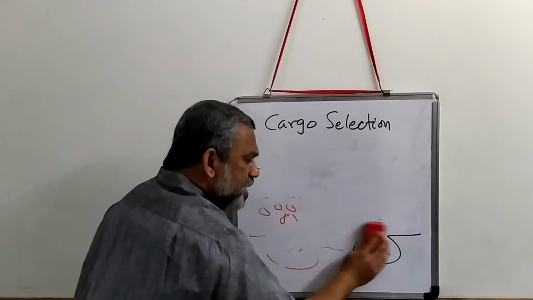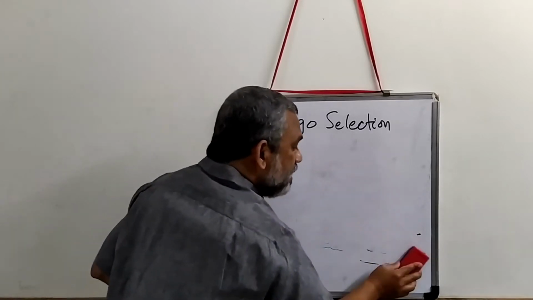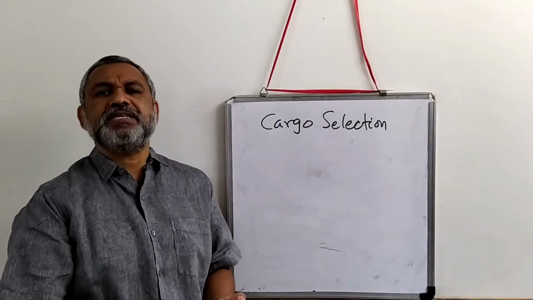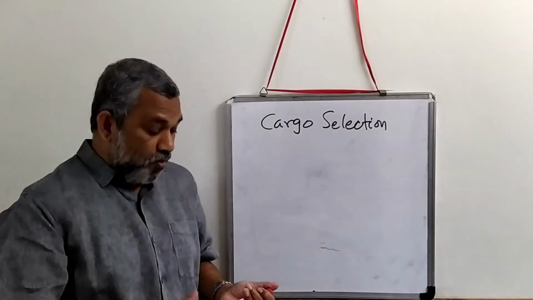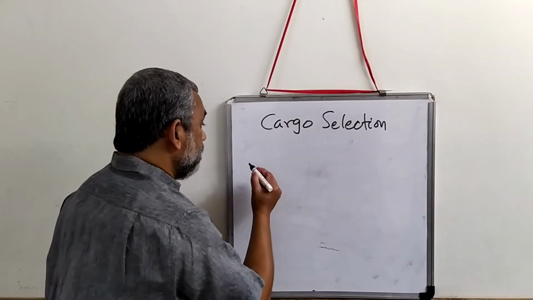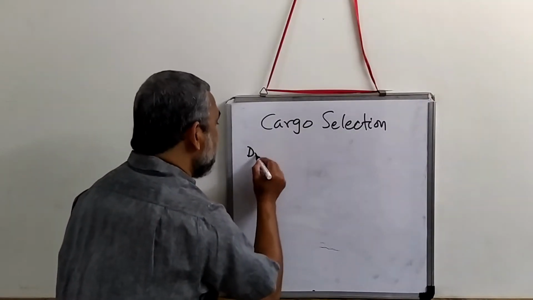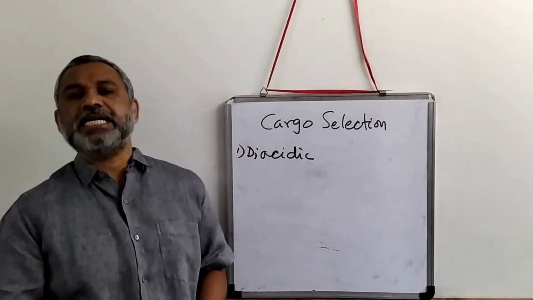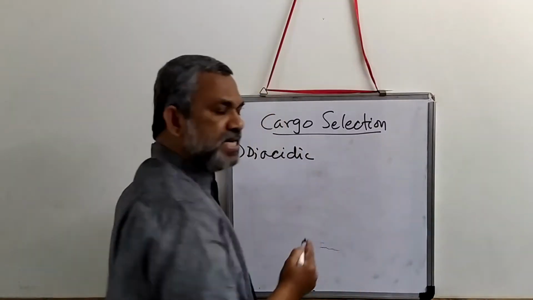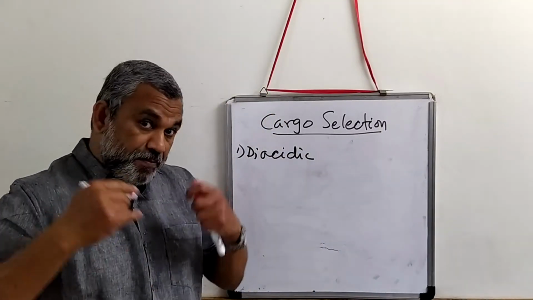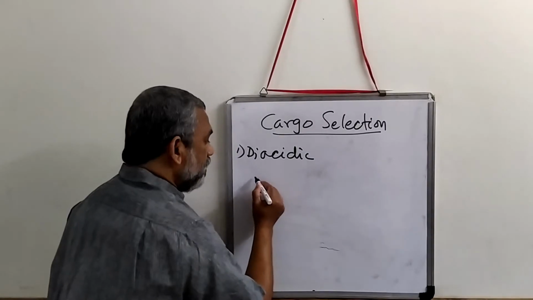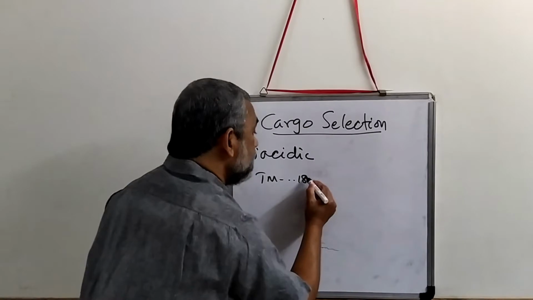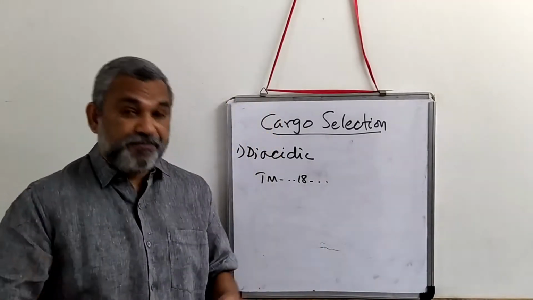So elaborate research has resulted in understanding the nature of these signals. The kind of signals that are found, one of them is the diacidic signal. The first one is the diacidic signal. So what are these diacidic signals? For example, these proteins will have a transmembrane region, then many amino acids, and the sequences have been verified.